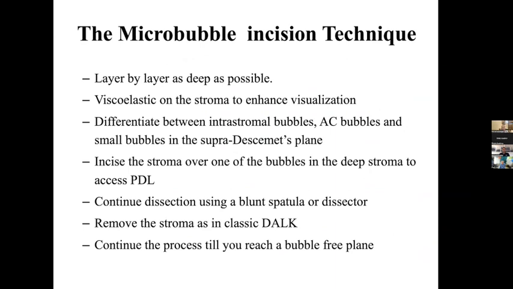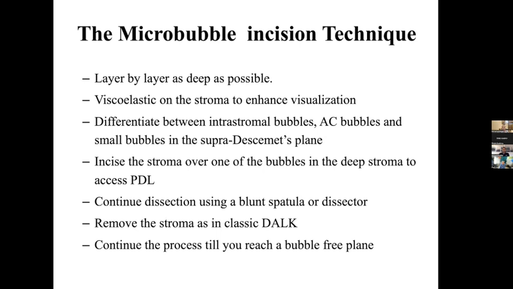At this time, you will find many bubbles. You will find bubbles in the anterior chambers, intrastromal bubbles, and small bubbles in the supradescemetic plane. You must choose the deepest microbubble you find, which will guide you to the predescemetic layer or as near as you can to the predescemetic layer.